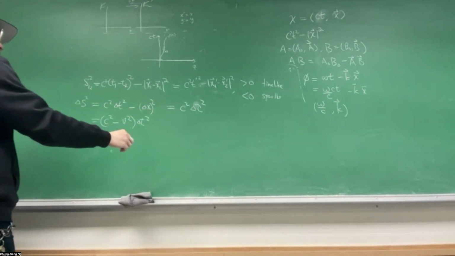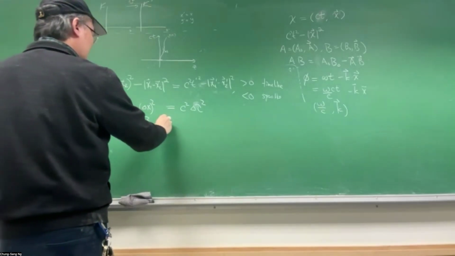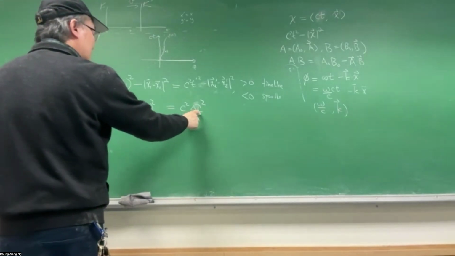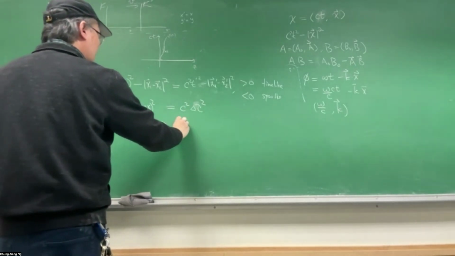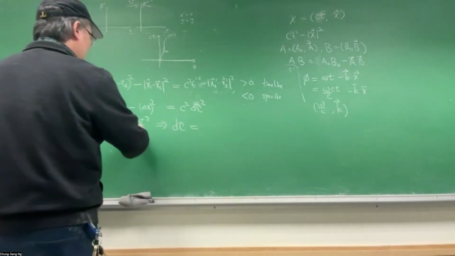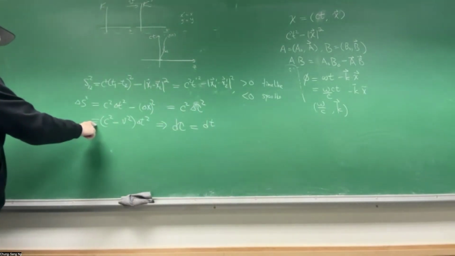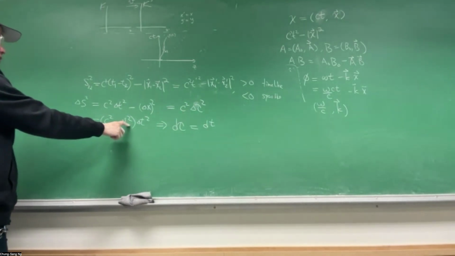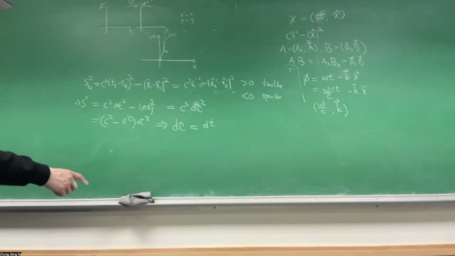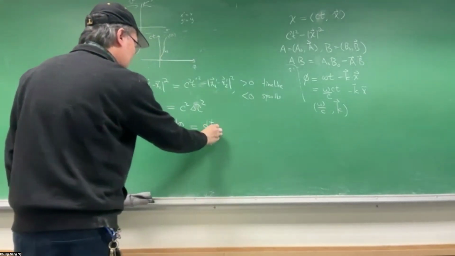And then from this, dividing by c squared, this implies that the change of the proper time, d tau, is dt times the square root of 1 minus v squared over c squared, 1 minus beta squared, which is 1 over gamma. So d tau is related to dt.